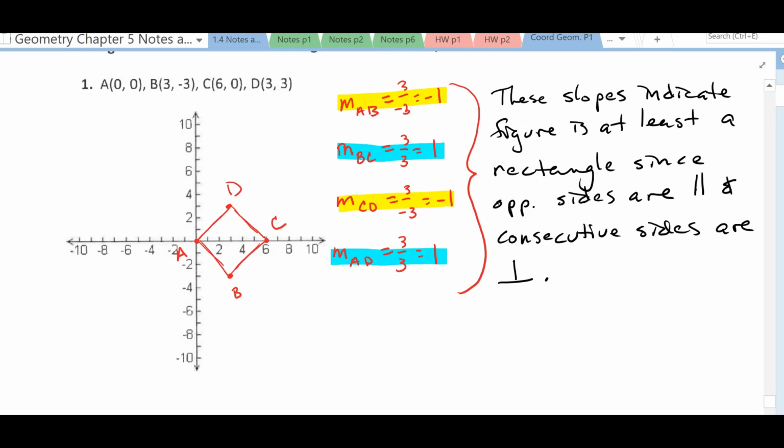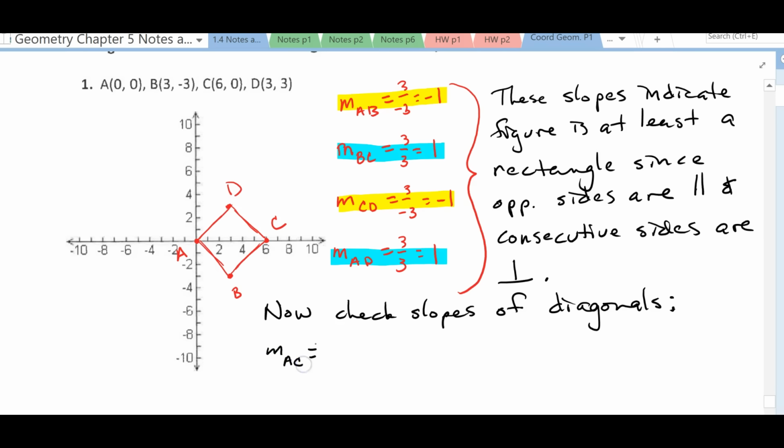So what we need to do now is check the slopes of the diagonals. So let's do that. One of the diagonals is AC. The slope of AC, we can see that that's horizontal, so that's going to have a 0 slope.